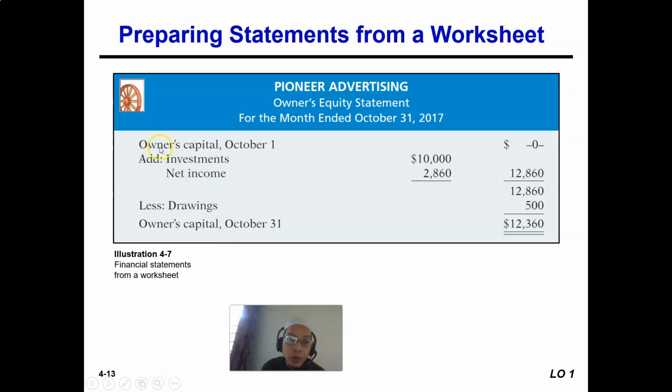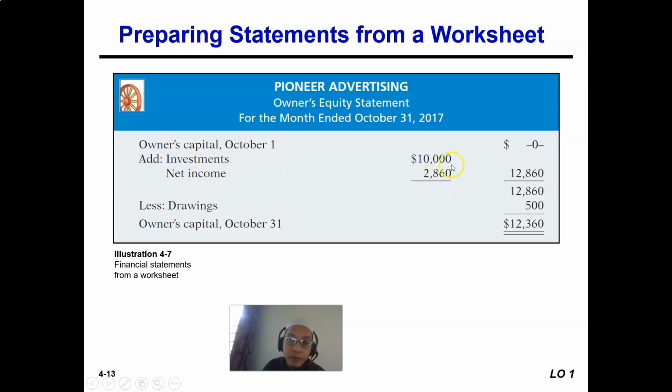Based on the previous example in our previous lectures, the owner's capital for Pioneer Advertising on 1st October is 0, because it started without any balance. The business has just started, so on 1st October there's no balance. But then there's an investment of 10,000.